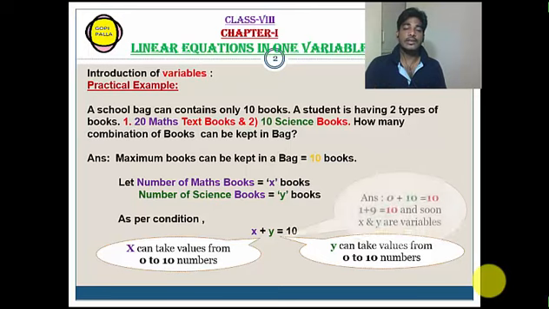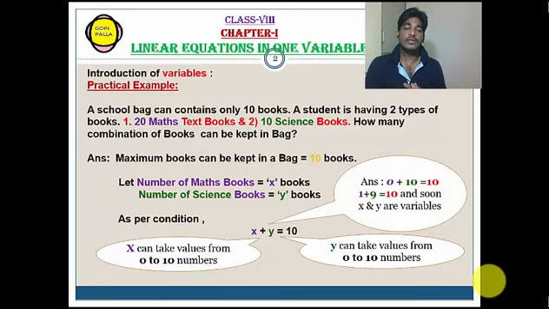So the answer here is the combinations of books: 0 math books plus 10 science books, which equals 10, or 1 plus 9 equals 10, or 2 plus 8 equals 10, or 3 plus 7 equals 10, or 7 plus 3. Different combinations are available.